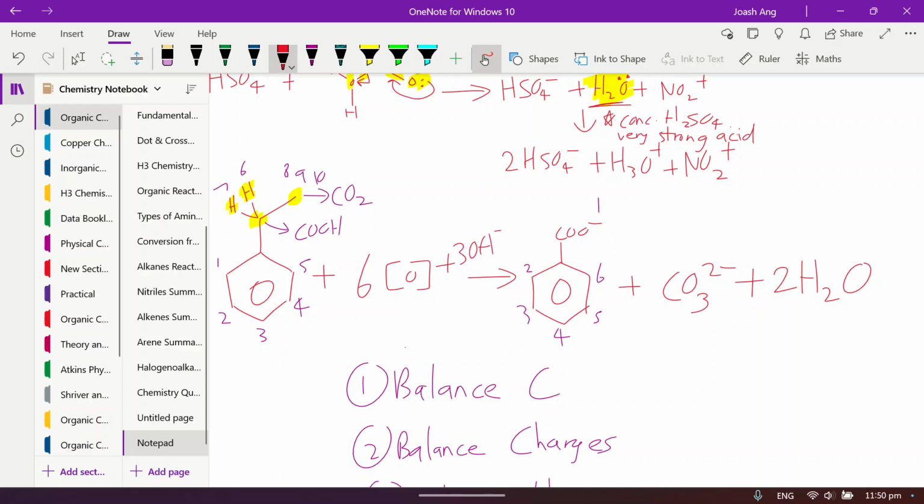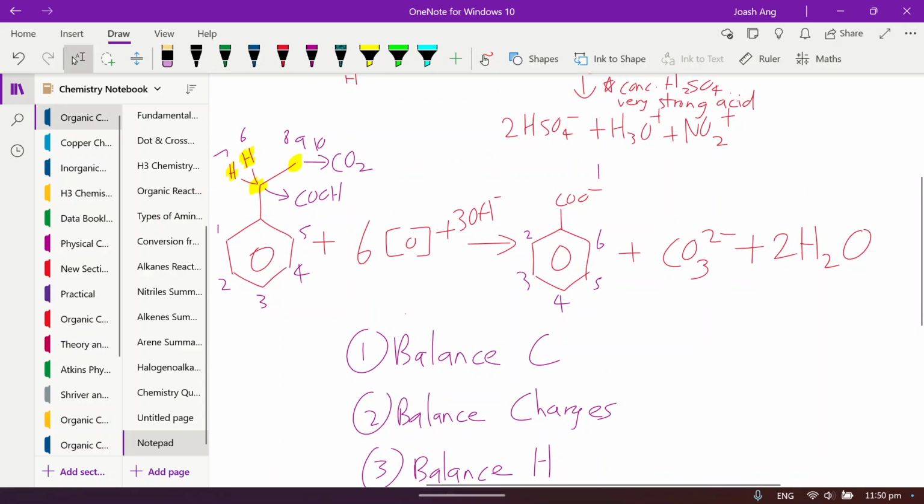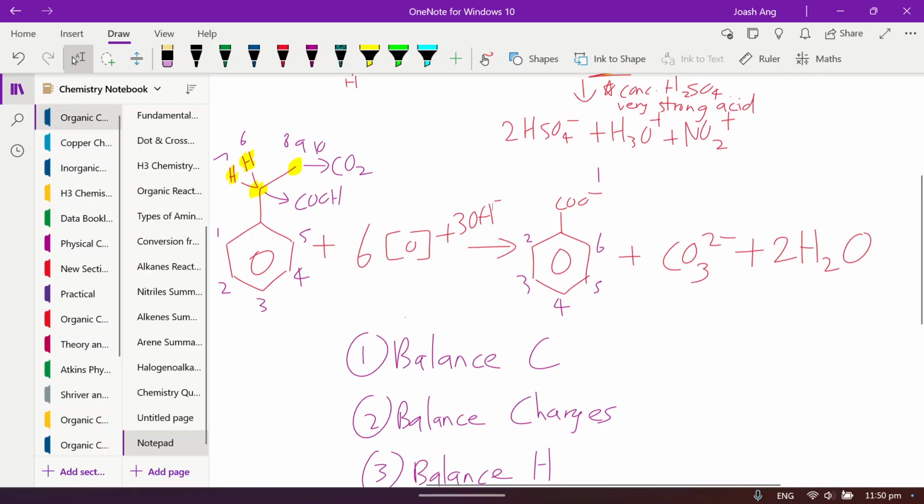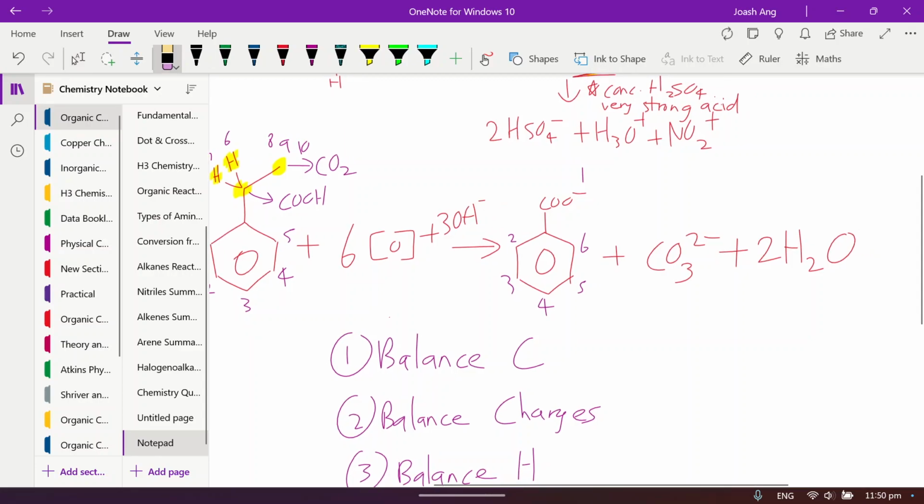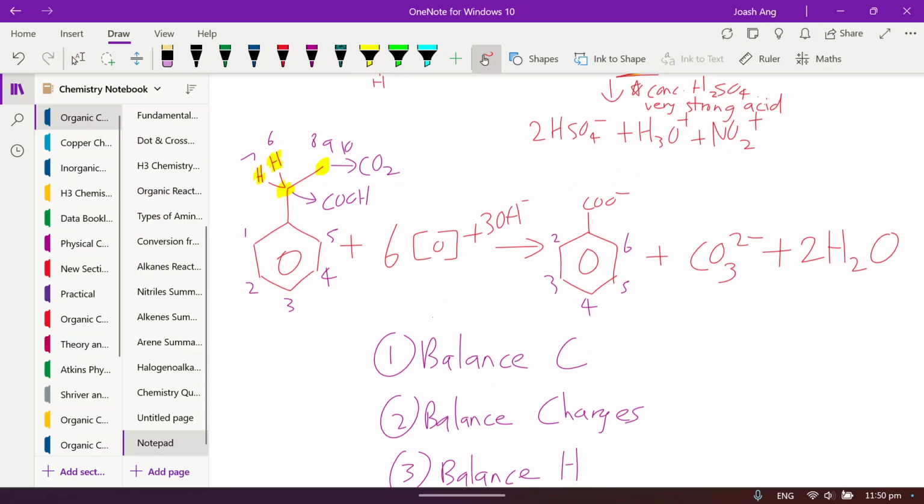Alright, so after we balance the 3OH minus, we'll take a look at the hydrogens. So there are 13 hydrogens on the left, and on this one there's actually 5. Let me erase this, this is definitely not 6.